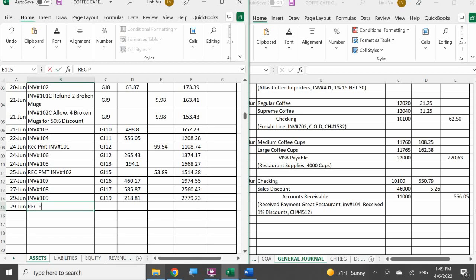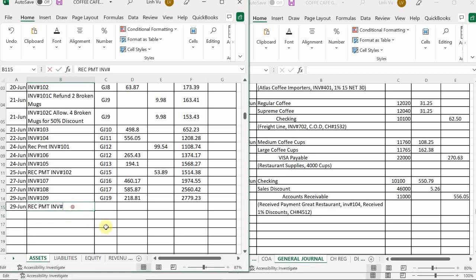Received payment, invoice number 104, which decreases the account by $556.05.